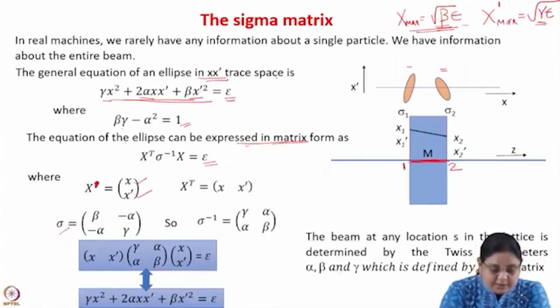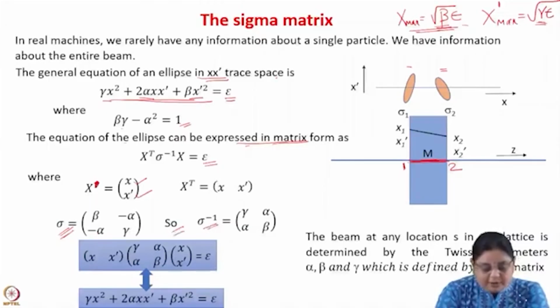Now we define a sigma matrix which is only in terms of the twiss parameters alpha, beta, gamma. We define the sigma matrix for the beam at any location as the matrix beta, minus alpha, minus alpha, gamma. The inverse of this matrix can be written in this form.